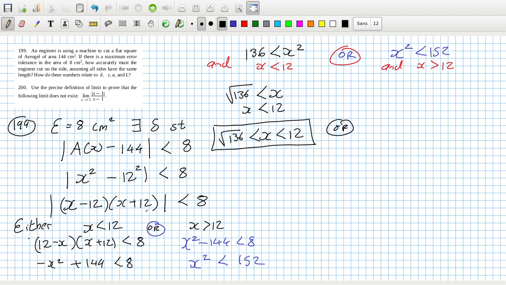Or this is the one I should have had the other way around. X between minus root 152 and root 152, and x is more than 12, so that means x has to be between 12 and root 152.